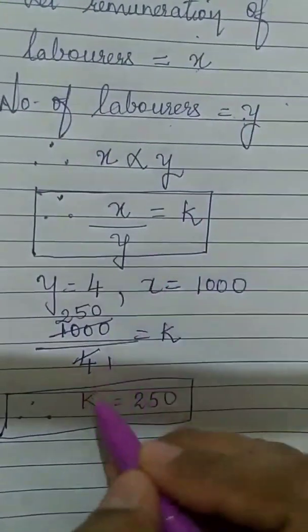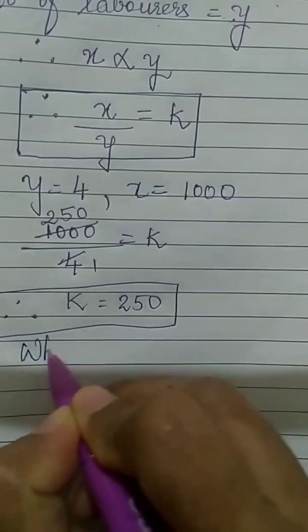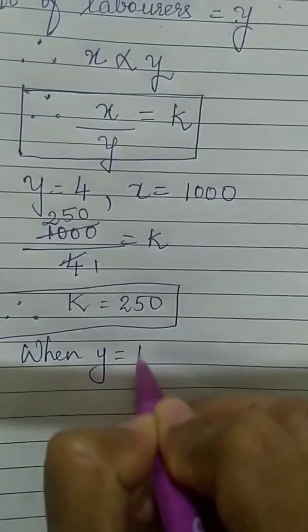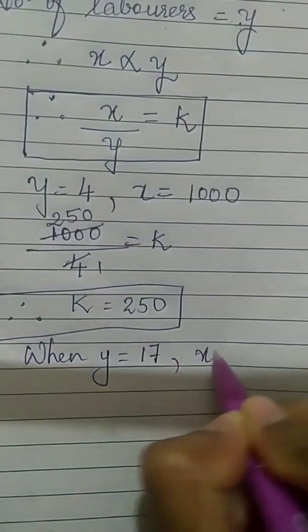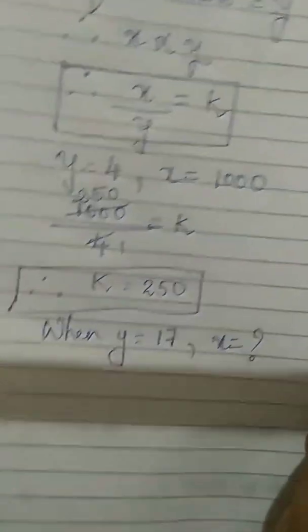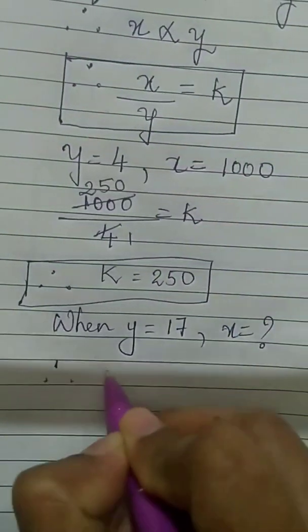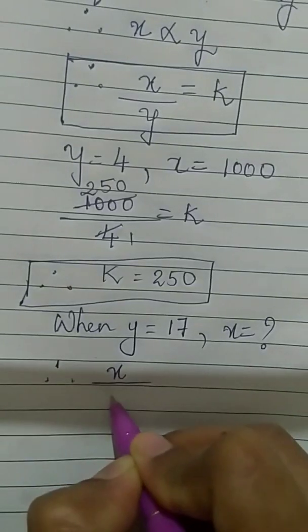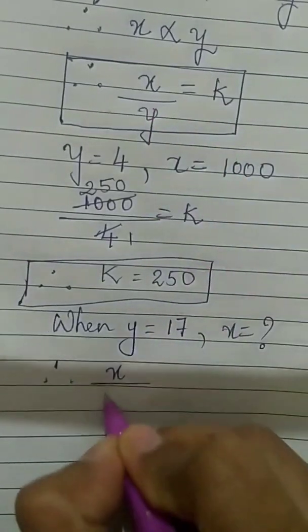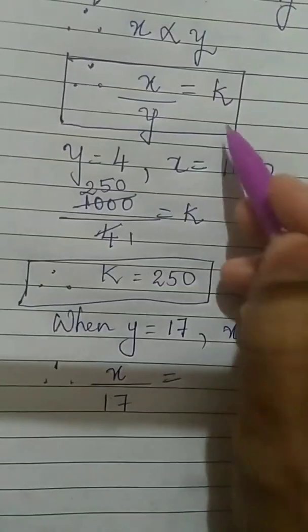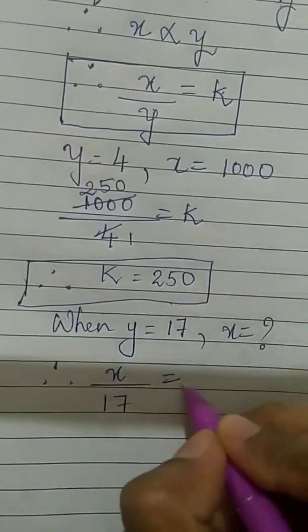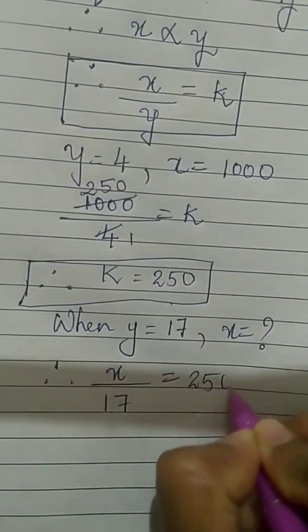Y. So when Y is equal to 17, what will be X? What will be the remuneration is asked. Substitute it here. X we don't know, so I'll write X upon Y, which is 17, is equal to, how much is the constant? Constant will be same for all the sums, 250.